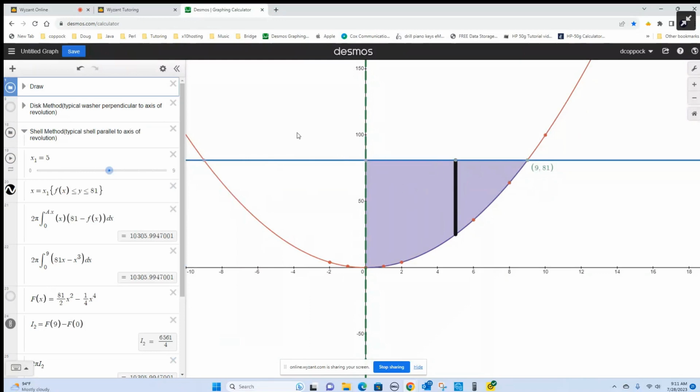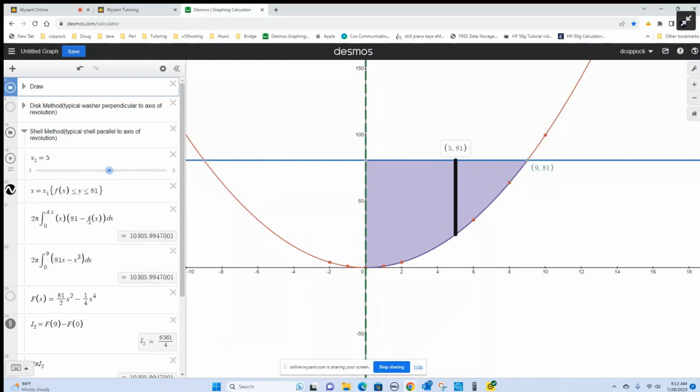We get like an open can. And the volume of that can is 2 pi times the average radius, which is just x, the distance from the axis of revolution to the center of that shell, times the height of the shell, where the y-coordinate at the top is 81, and the y-coordinate at the bottom is f of x.